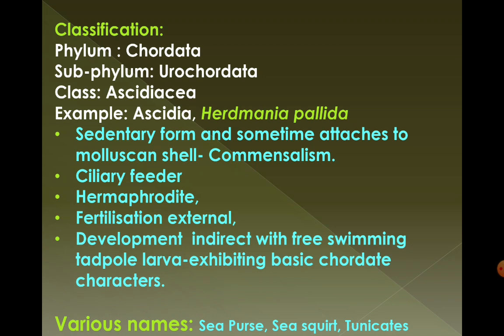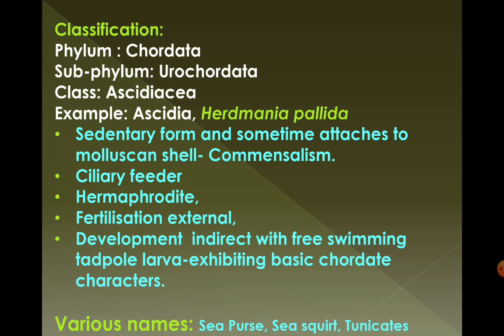Fertilization is external. These gametes are shed outside. The gametes that are formed are carried through the outgoing water current through the atrial aperture and released to the external environment where the process of fertilization takes place. Once the fertilization occurs, the zygote is formed and it hatches into an embryo, and that embryo hatches to form a tadpole larva, which we call an ascidian tadpole.